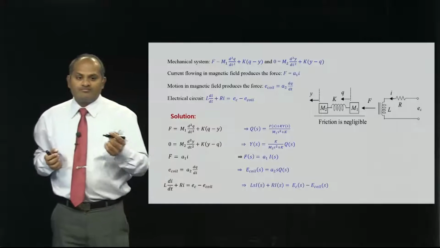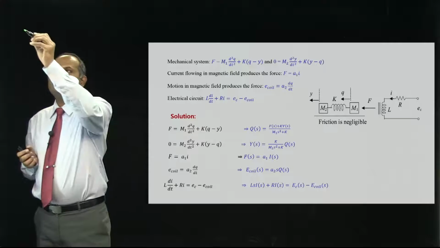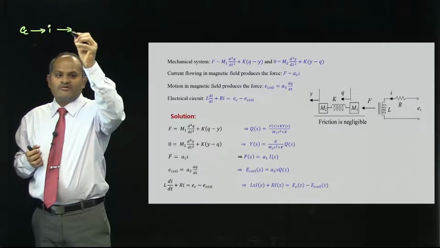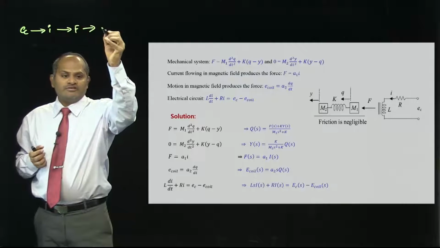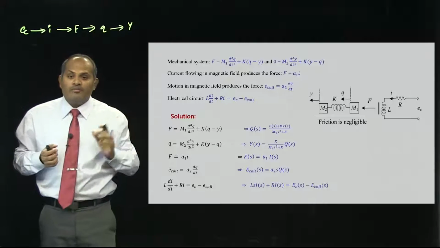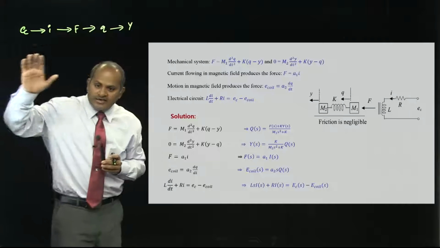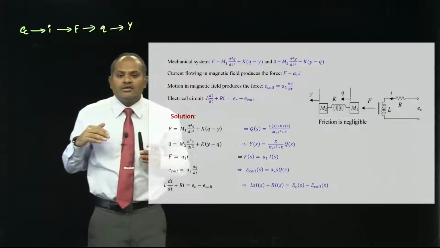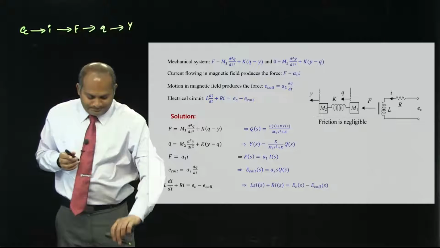So, now to me the input-output relation is EC produces I, I produces F, F produces Q, Q produces Y. Very important. If you understand the energy flow process, forming the transfer function is very easy.